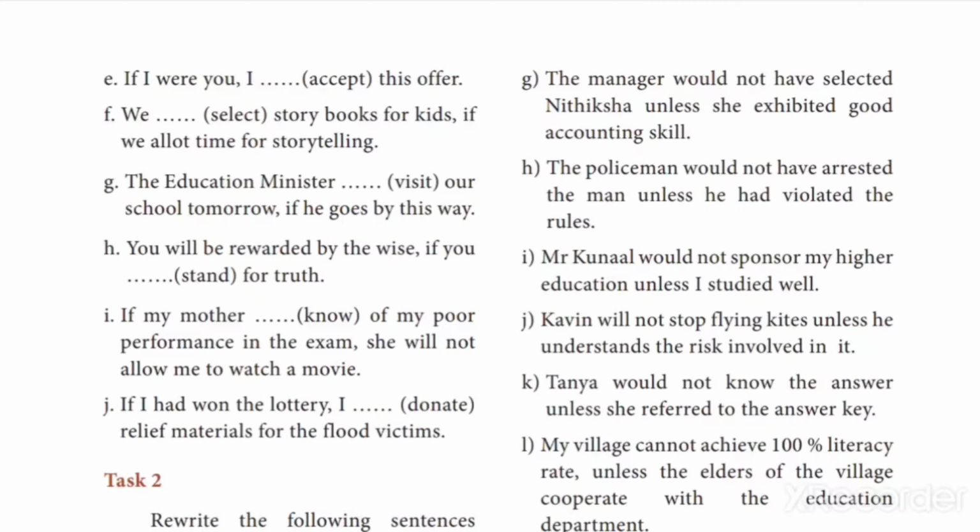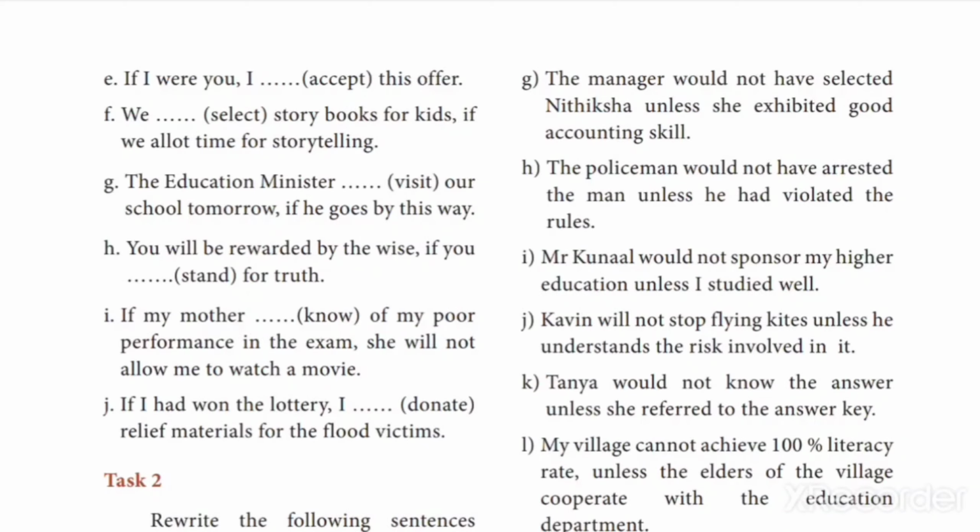So it indicates that it is in third conditional. For third conditional, in if clause, the verb should be in past perfect tense form. So here when we write the answer, we should be very careful, and the answer is, the manager would not have selected Nitiksha if she had not exhibited accounting skill.